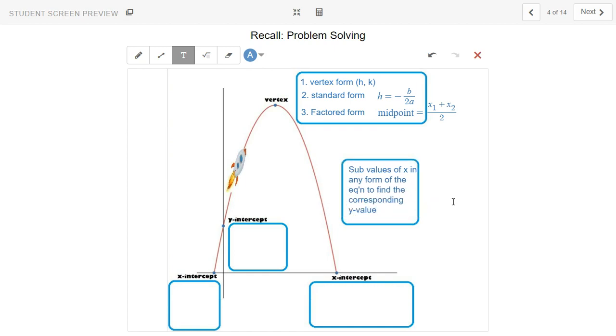So this works if we are looking for the vertex. It could be looking for some point on the parabola. It could be looking for the x and y intercepts as well. For the y-intercept, we know that x is always 0, and we can substitute that into any form.